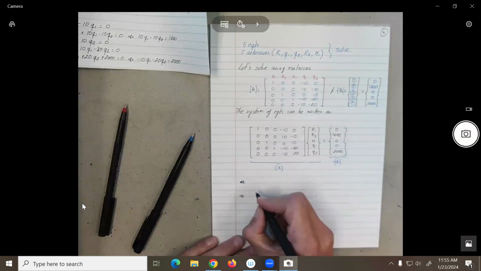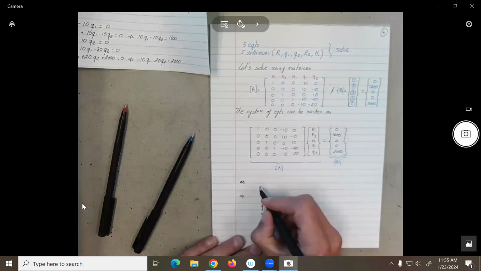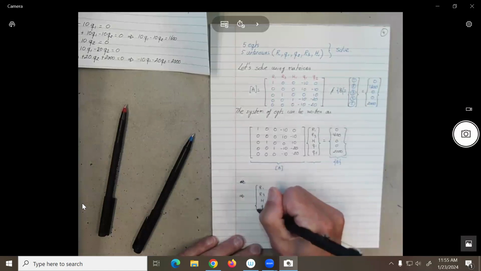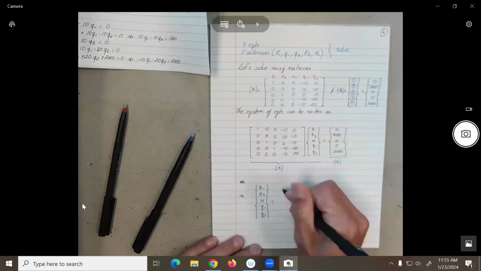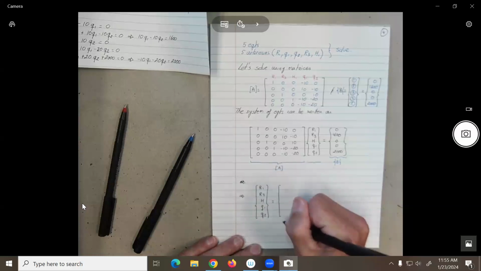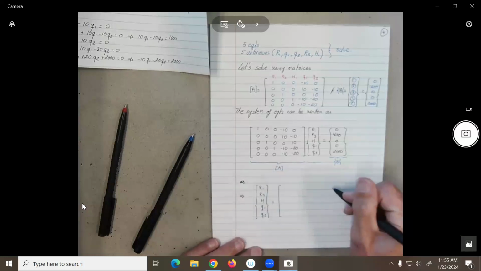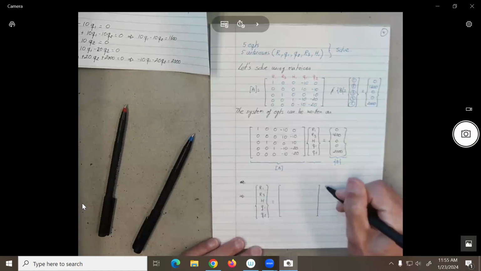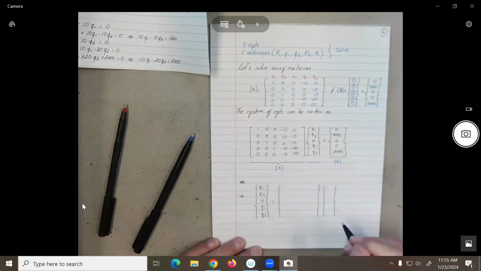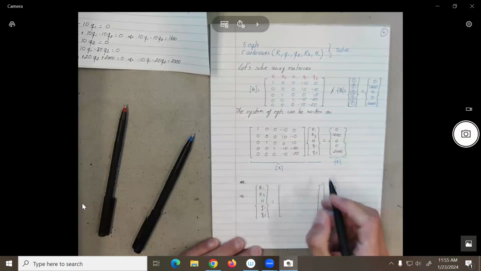So we'll find then that R1, R3, H, Q1, Q2 should be equal to the inverse of this matrix.